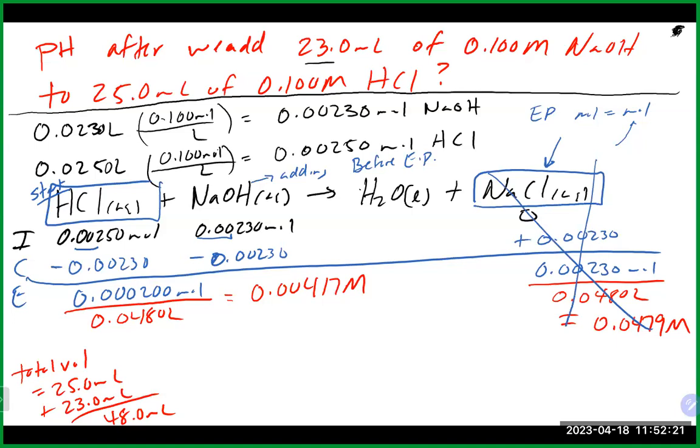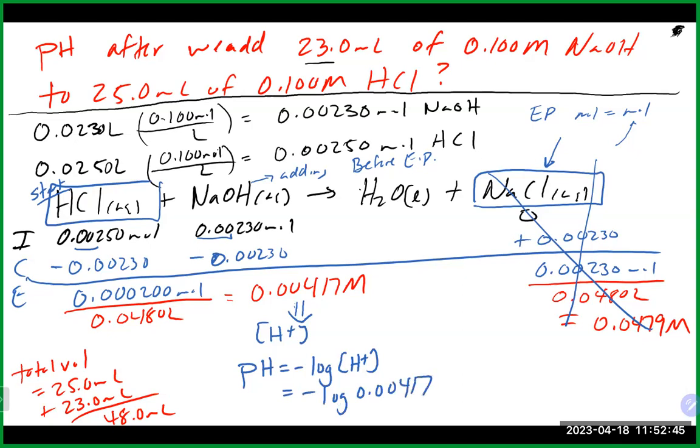That means the only thing we have left is our HCl, which is a strong acid, which means that would be our H+ concentration in this case because it comes from HCl. And that means we could just go into our pH equation. We'll do minus the log of 0.00417.